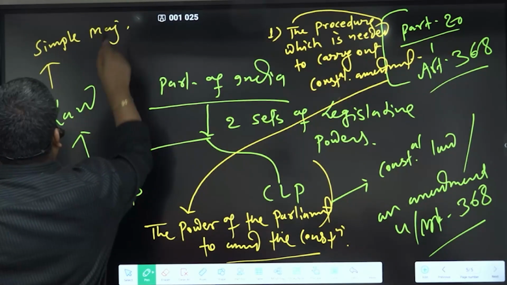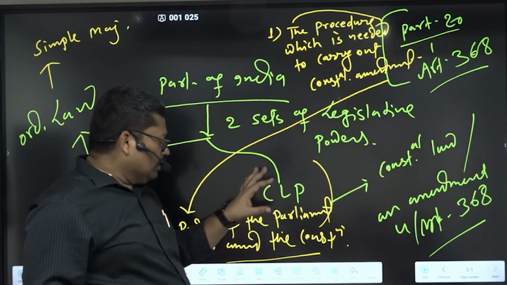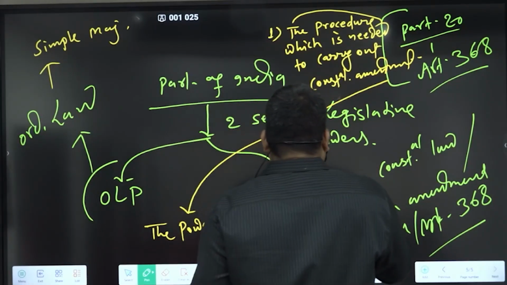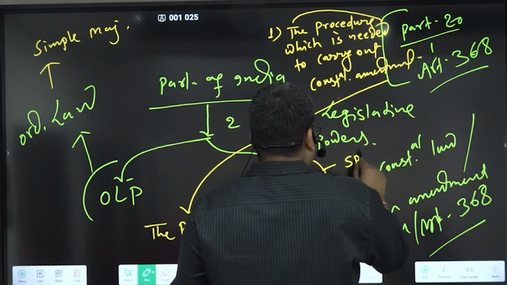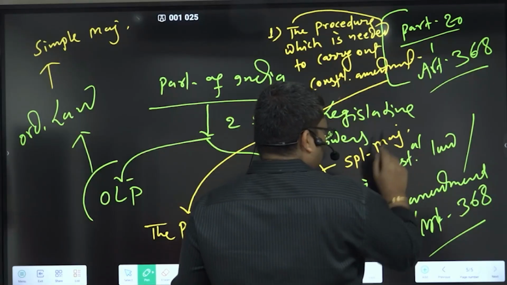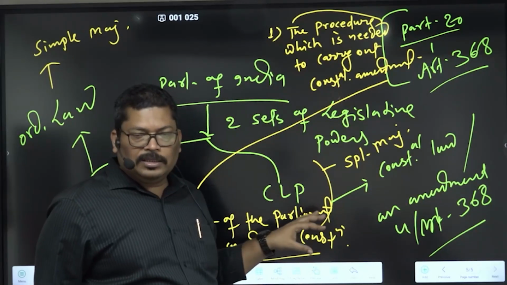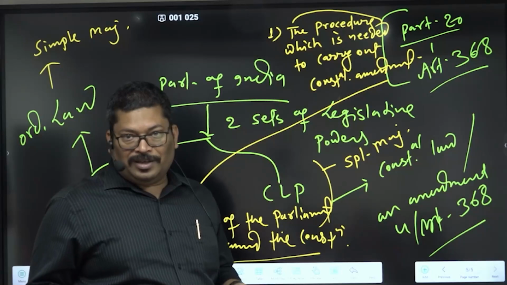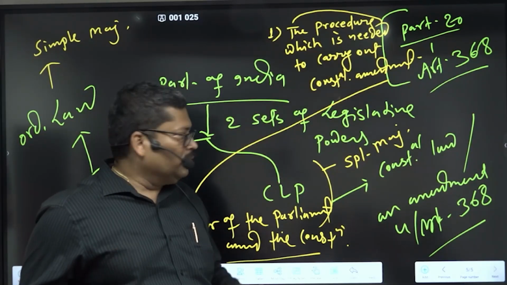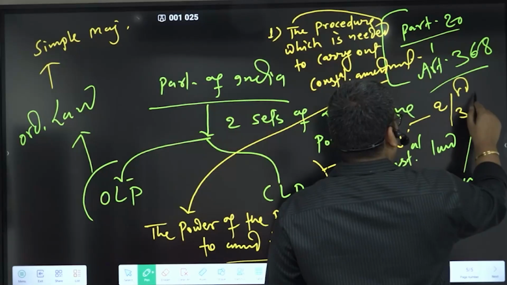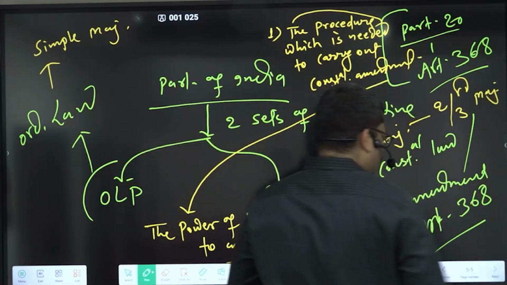While amending the rigid provision, Parliament needs which kind of majority? A special majority. In common parlance, this special majority is called two-third majority.